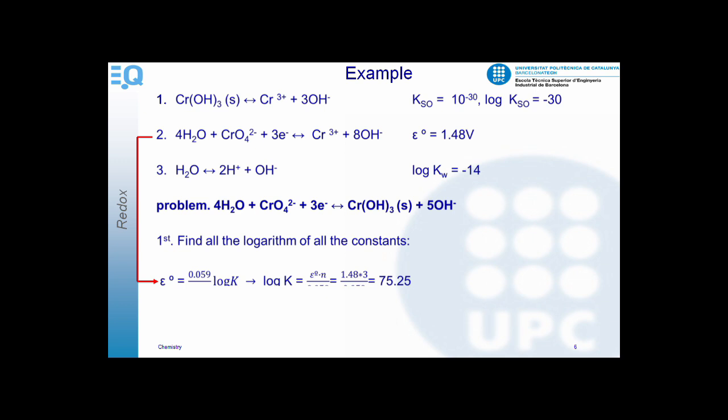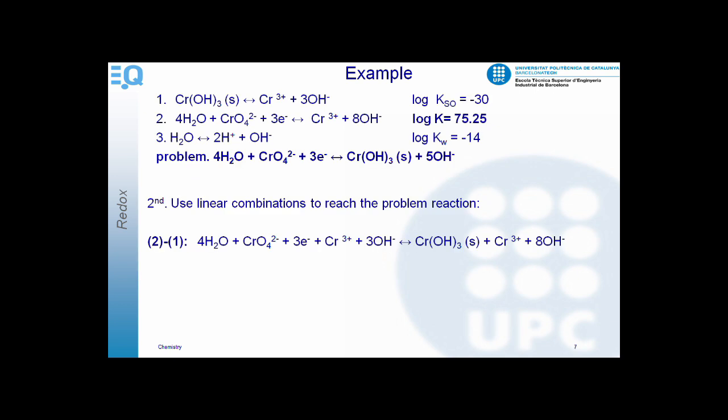The number of exchanged electrons is 3. And now we can already isolate the value of the logarithm of the constant, which is 75.25.